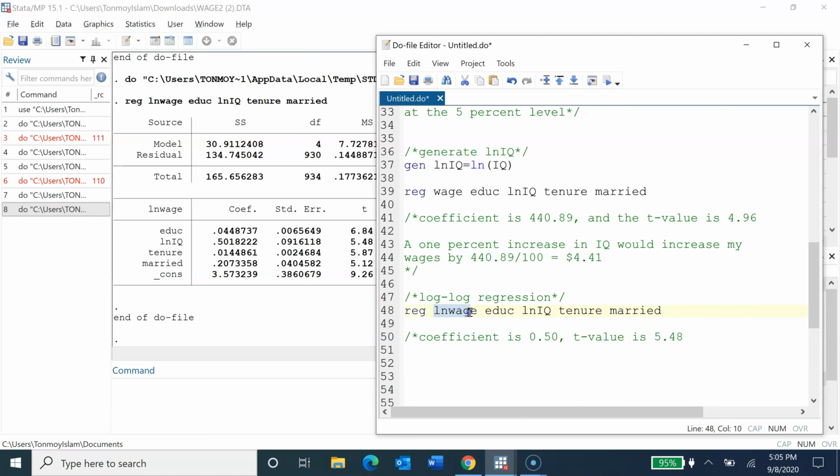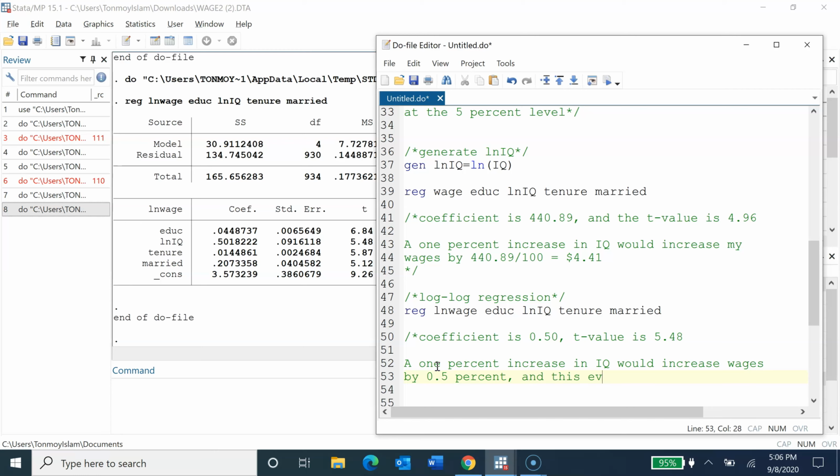So I would now say, since both of them are natural logs, let's say ln of wage and ln of IQ are both in natural logs, a 1% increase in IQ would increase wages by 0.5%.